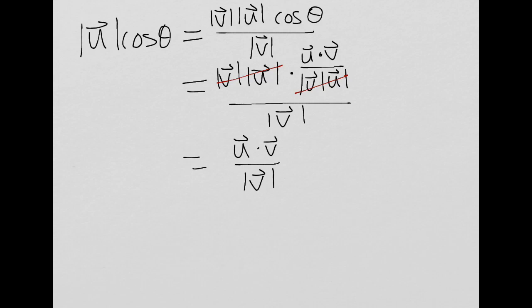So, for example, suppose u equals 1, 4, and v equals negative 2, 1. I can even try to represent these, assuming that we're putting them on a nice rectangular coordinate system.